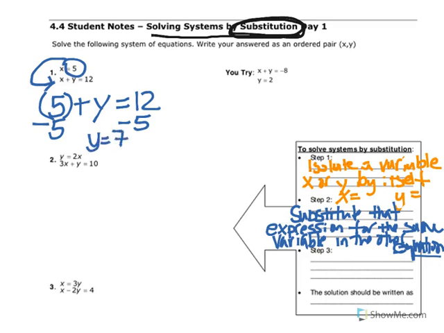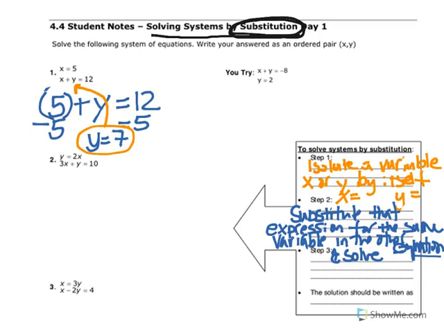So let's add to step 2: substitute that expression for the same variable in the other equation and solve it. Include that on step 2. Now that I know what y is, we can figure out what x is, because if y equals 7, I can do the same thing and substitute it for y in the other equation.